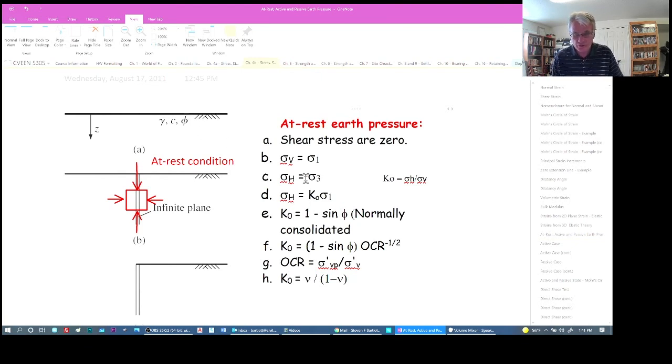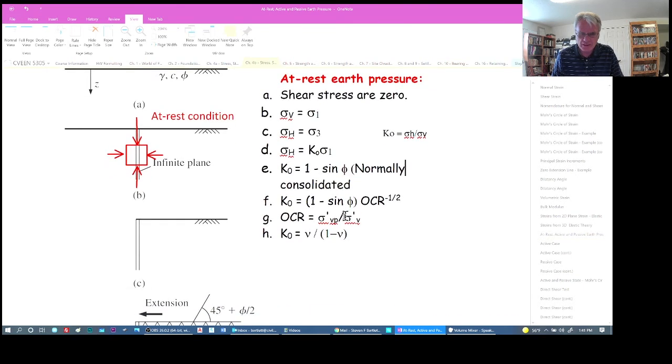Notice phi is the internal angle of friction. So for normally consolidated sediments, K naught here is simply 1 minus the sine of the friction angle. If the sediments are over-consolidated in any manner, have an over-consolidation ratio, then we correct for that.